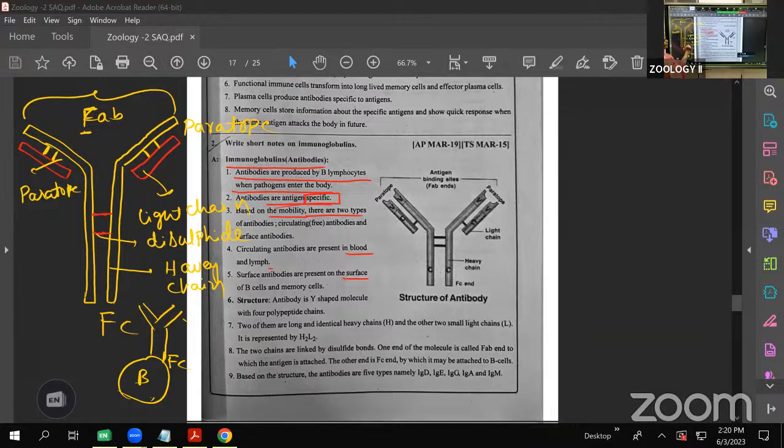Above that is the FAB, fragment of antigen binding site. It has the Y shape here. This one is one paratope, and this one is one paratope. Between them, the disulfide bonds are there. This is the FC end. This one is called the FAB end. Clear? Next.